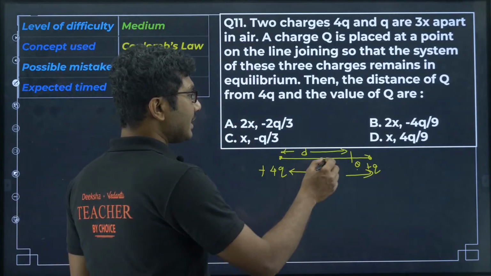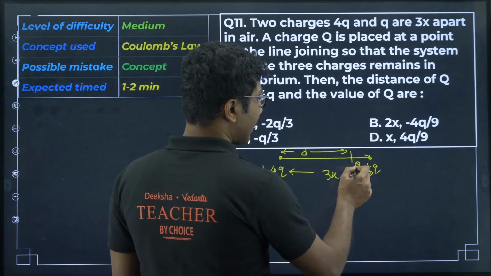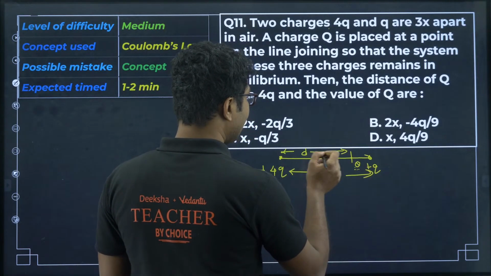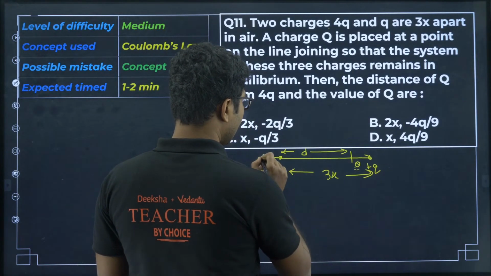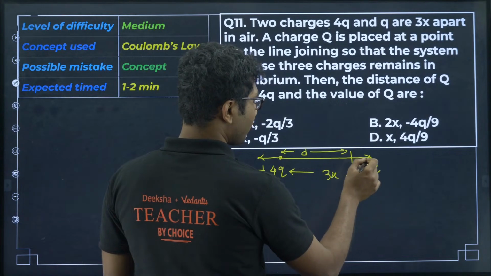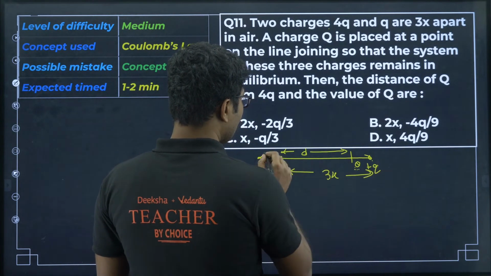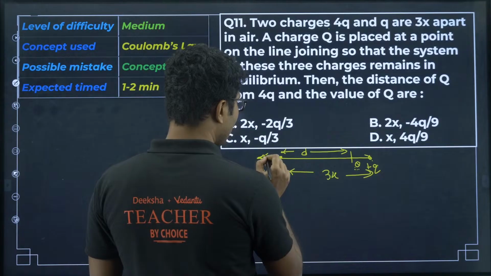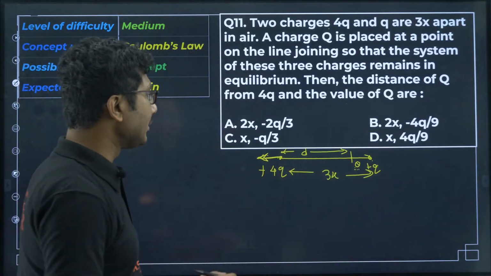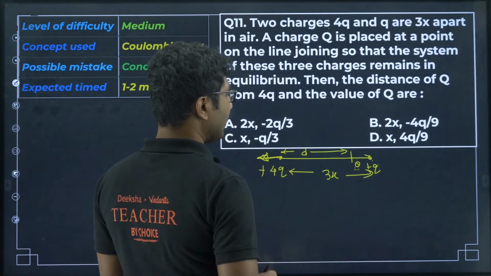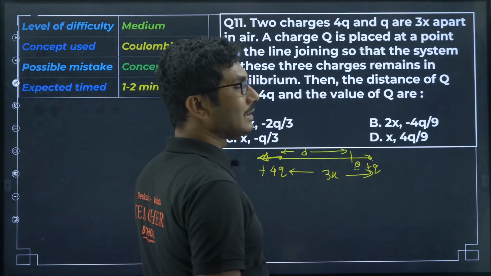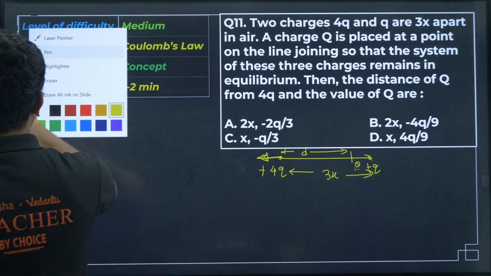If capital Q was positive, it will repel this charge, and this small q charge will also repel it. So both charges will force it to move out, and in that case you will not get any equilibrium. That means capital Q has to be negative.